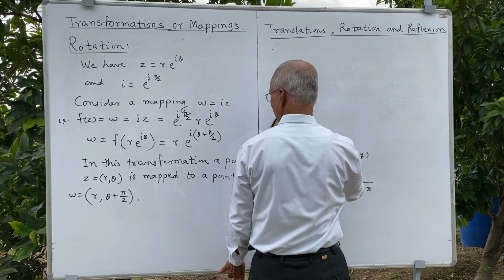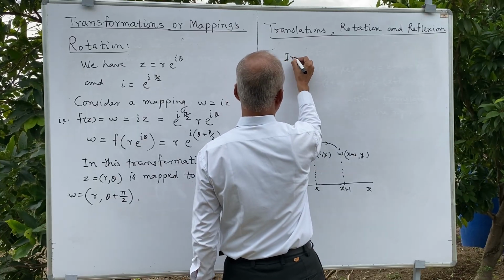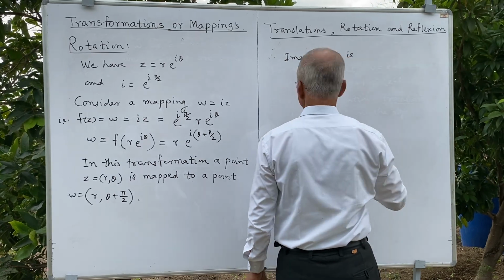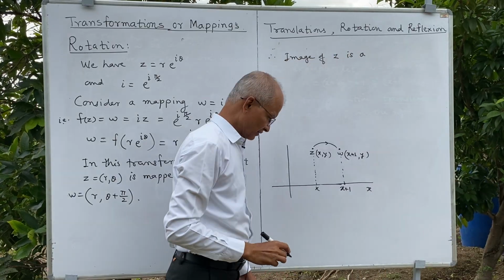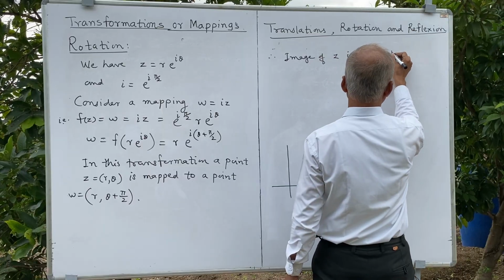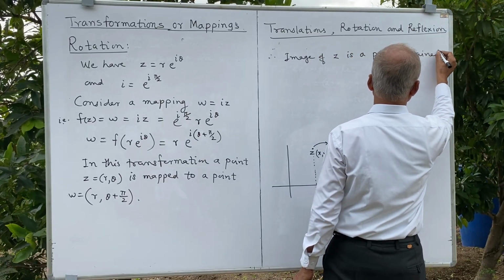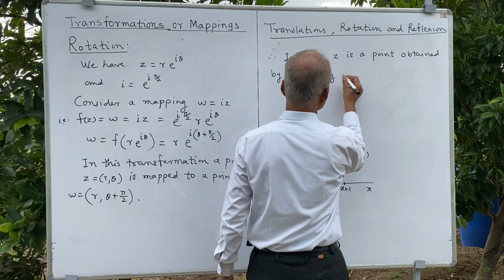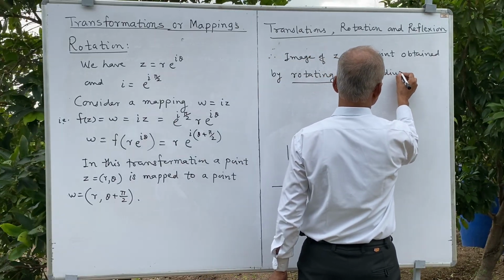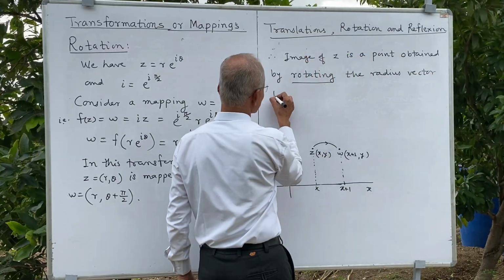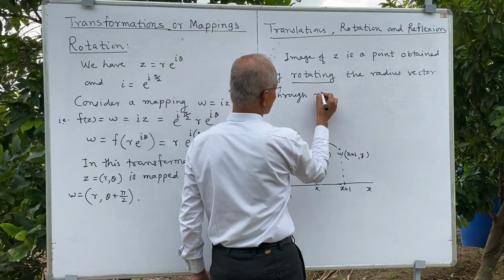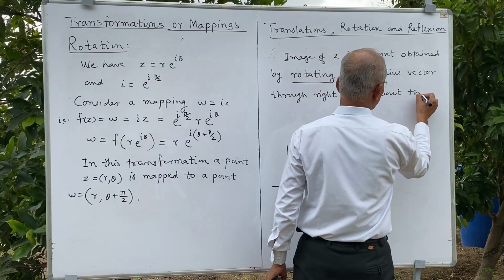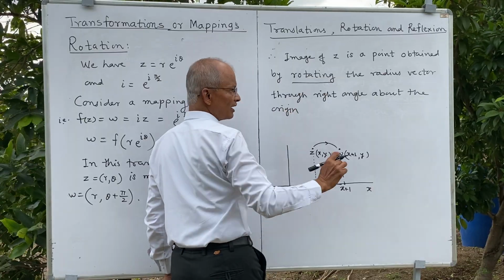So the image of the point z is a point obtained by rotating the radius vector through a right angle about the origin and in the anti-clockwise sense.